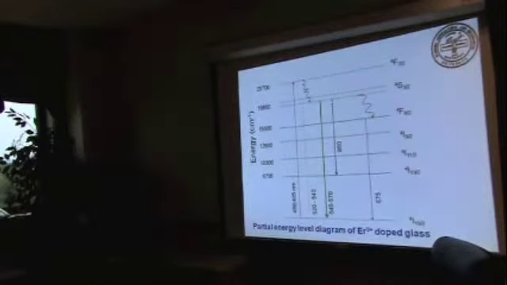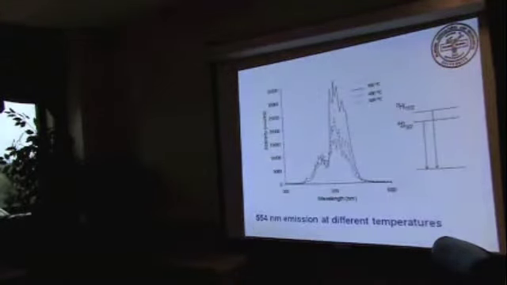So population here relaxes radiatively as well as non-radiatively. Whenever you heat this material, this mechanism is going to increase. When this mechanism increases, the lifetime of this level is going to decrease. That's exactly what we do, and then we develop a calibration plot.